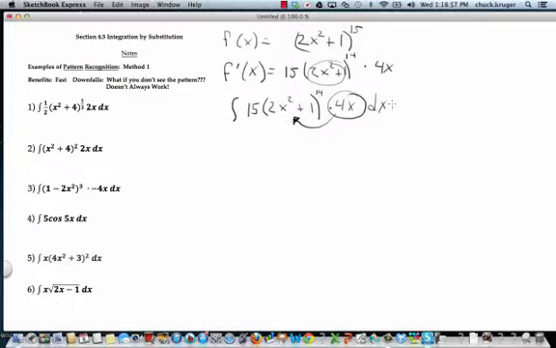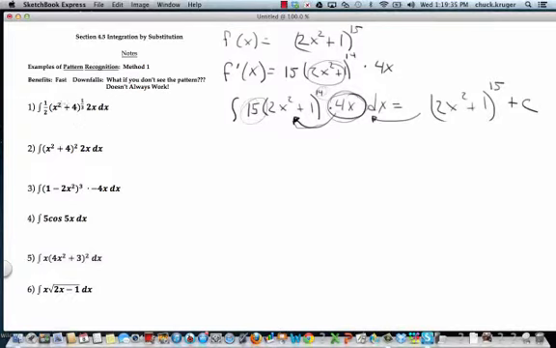I would treat this 2x squared plus 1 as a quantity, look at this exponent, and add 1 to get 15, and then multiply by 1 over 15, and I'd get an exponent of 15 right here, and then I'd have my plus c. And this chain disappears because it was part of the derivative. If I go back through and take this derivative, I would get this value again. So that's the process that we're going to make.